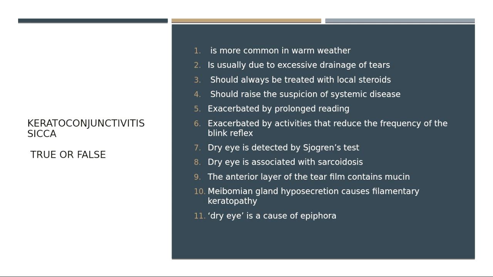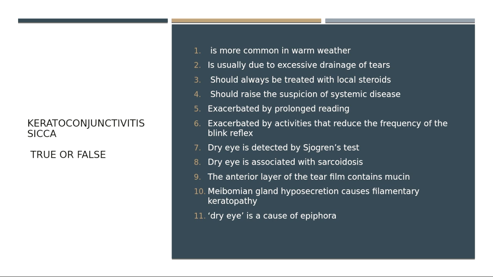Dry eye is associated with sarcoidosis. What do you think? True. It is true, because sarcoidosis can also affect the lacrimal gland. The anterior layer of the tear film contains mucin. Is that true? What's the anterior layer of the tear film? Lipid, right, so that's false.